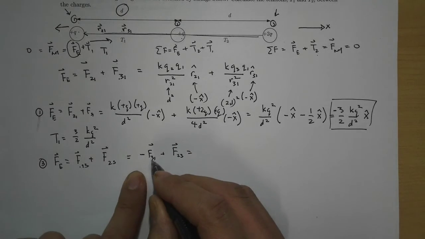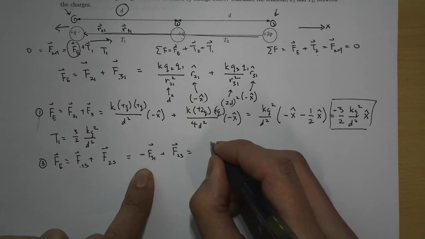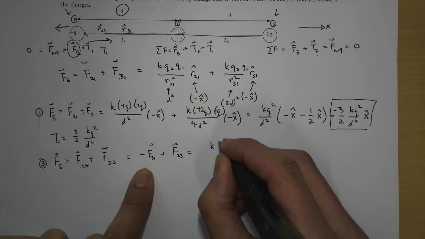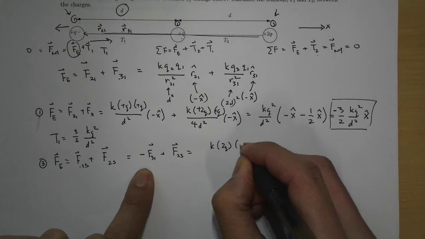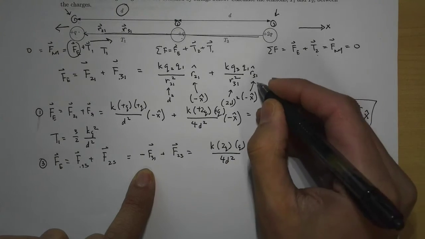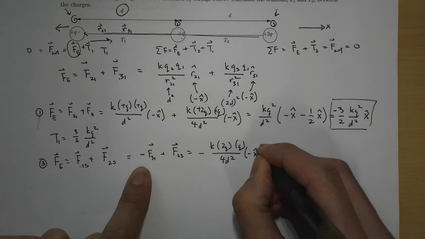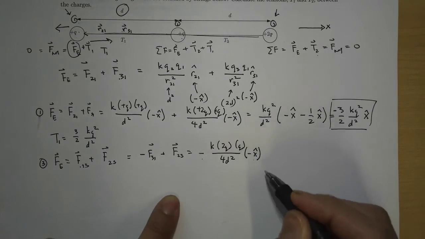Okay, so let's write down what F31 is. It's just going to be this bad boy right here, k 2Q times Q divided by, remember, 2d squared, 4d squared, perfect. And the only thing is there's a minus here, and then there's a minus x hat. So the minus minus gives you a positive value.